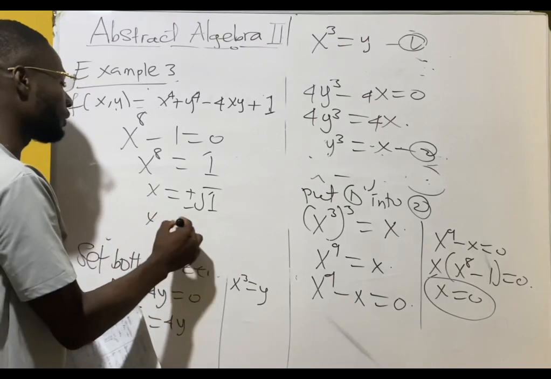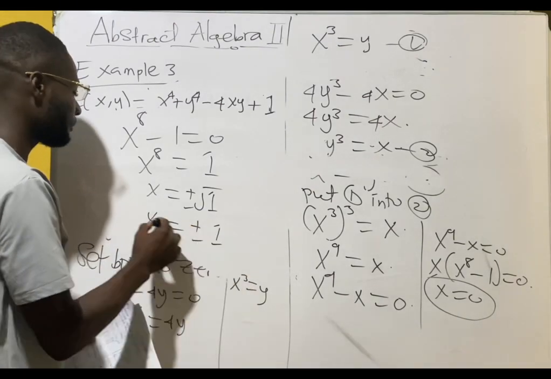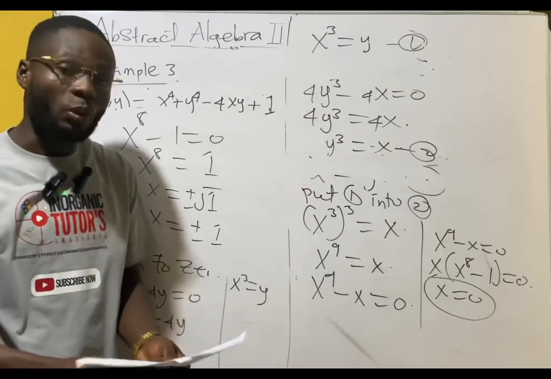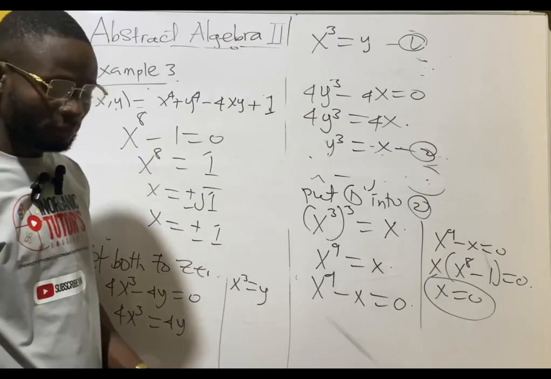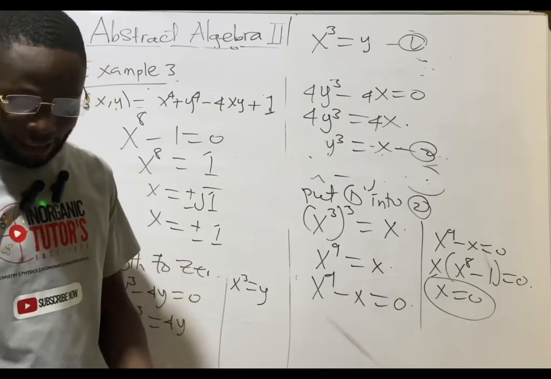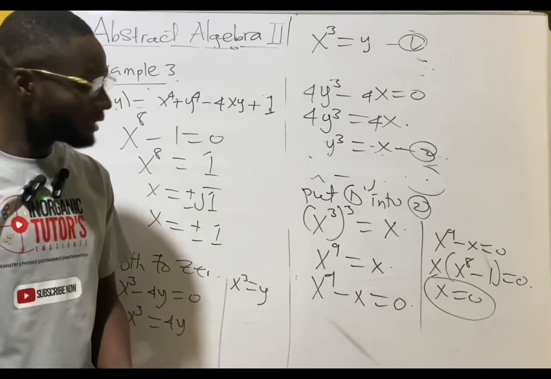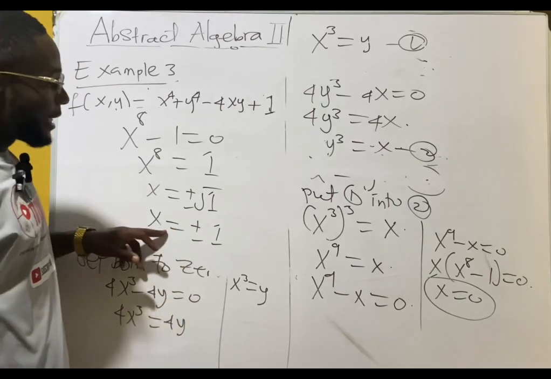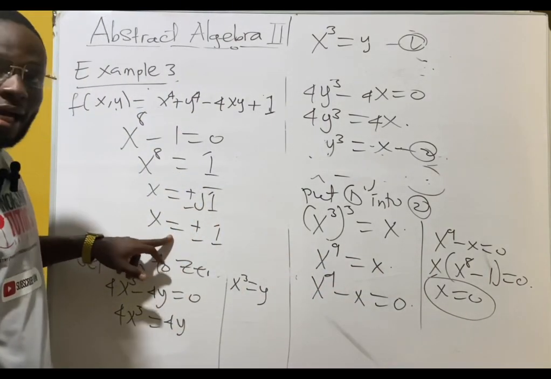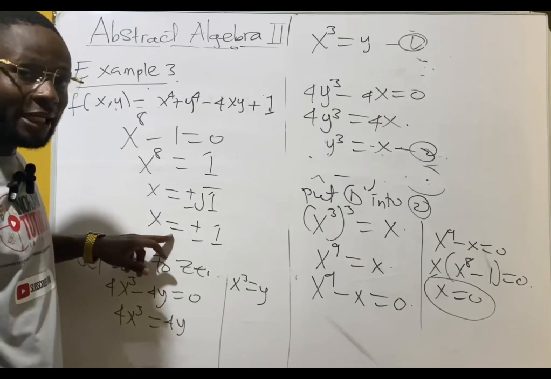So you have x is equal to plus or minus 1. Right? So that is what we have for x. So this tells us that x is either equal to 0 or x is equal to plus or minus 1.